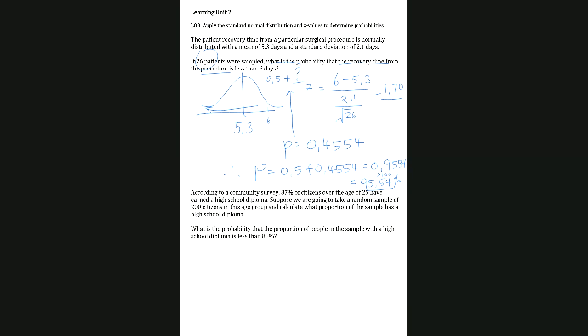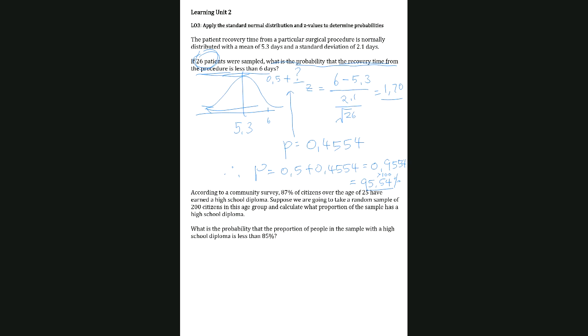So you're going to say that therefore there is a 95.54% probability that the recovery time from the procedure is less than 6 days for the 26 patients that were sampled. So there's not much that you're going to have to make up or think of to give a closing statement. All you're going to do is look at the question, manipulate it, and plug in your value so that you then have a closing statement.